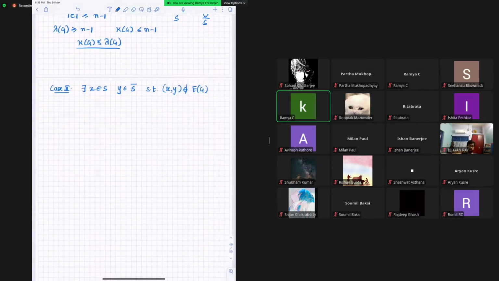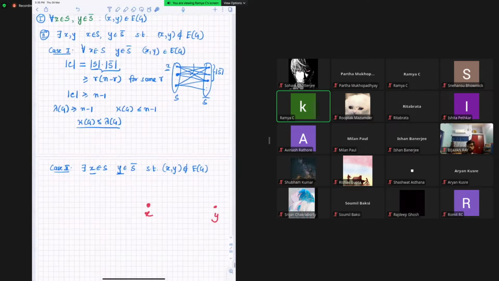What I want to do is construct a set of vertices that disconnect this graph. In particular, I want to construct a set of vertices that separate X from Y. I have the vertex X here and the vertex Y here.